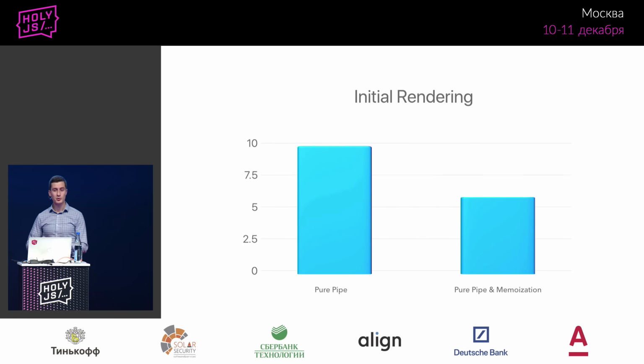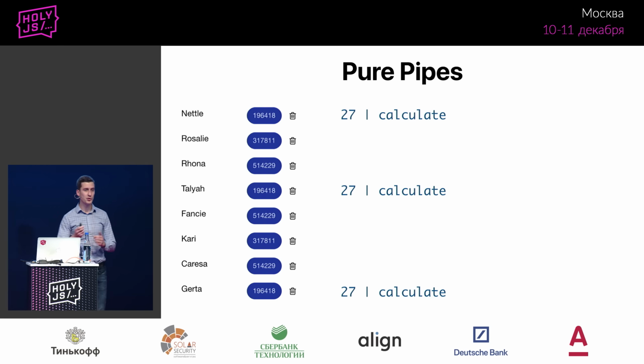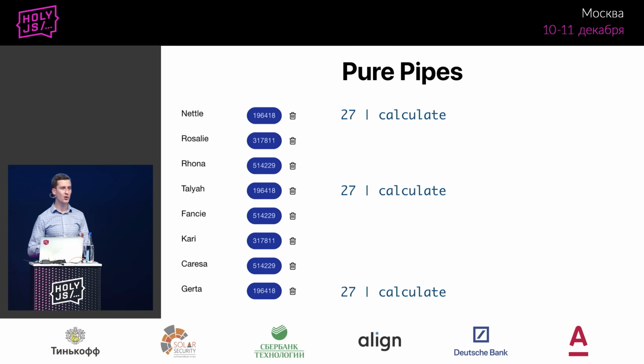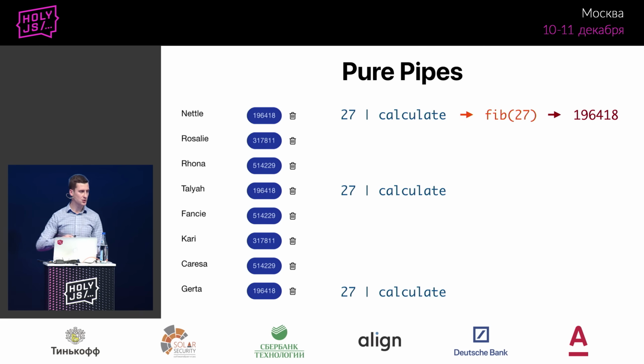And here is the difference between the pure pipes that we previously applied compared to memoization. So with pure pipes, when Angular sees that we want to invoke calculate of 27, it is going to delegate the execution to Fibonacci of 27, which is going to produce a result. The second time, when it sees the pure pipe, it is basically going to do the exact same thing, because the cache is only local for the place where this expression occurs.